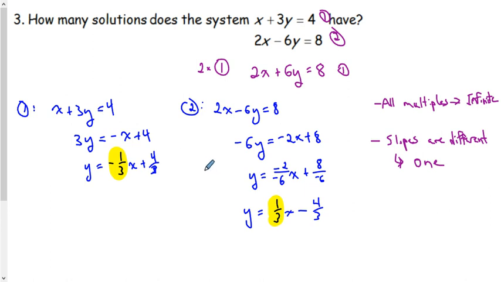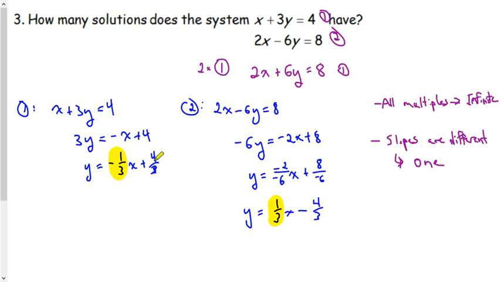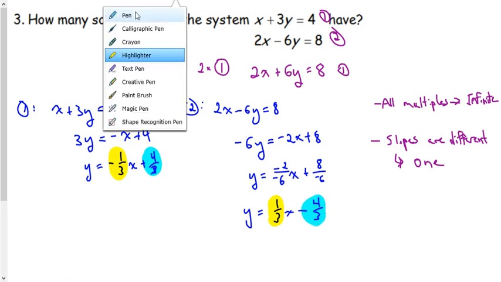We may have a situation, though, where they are parallel to one another. In that case, their slopes would turn out the same, but our y-intercepts would be different.